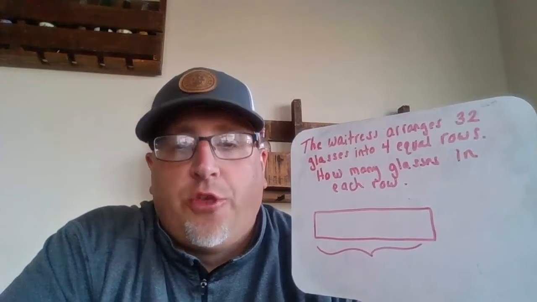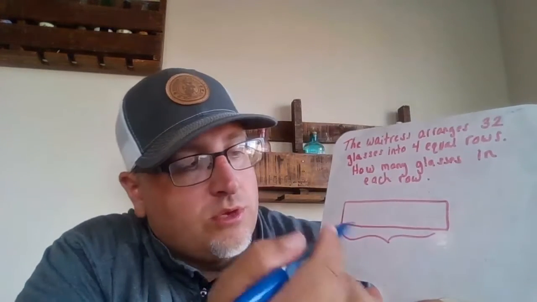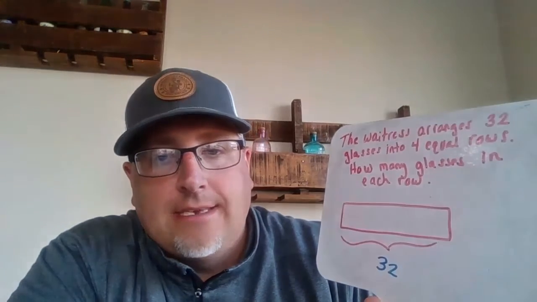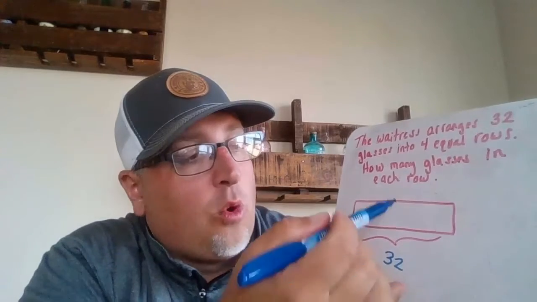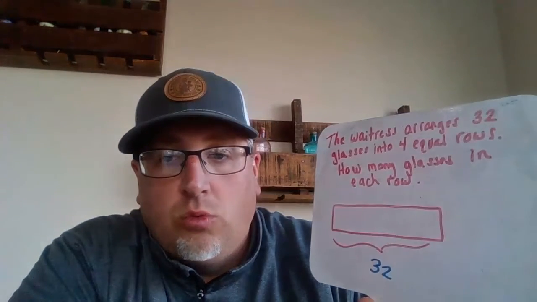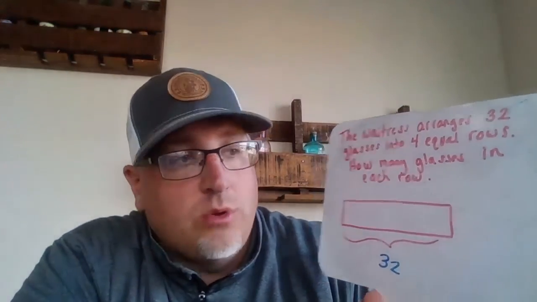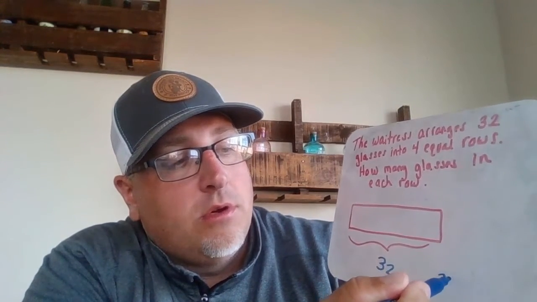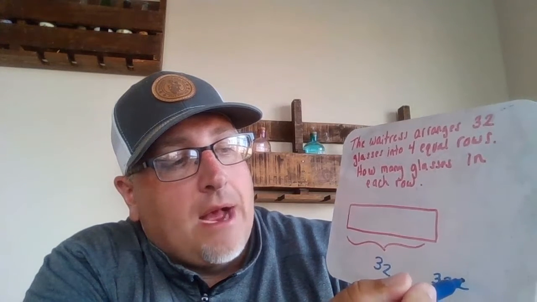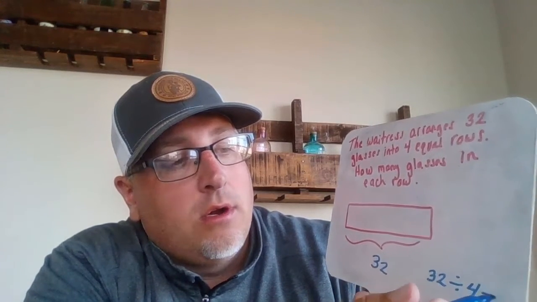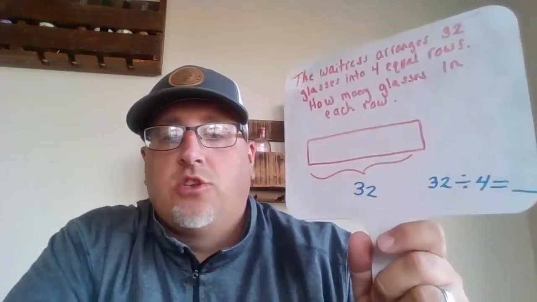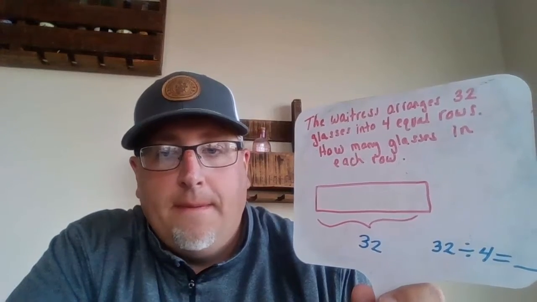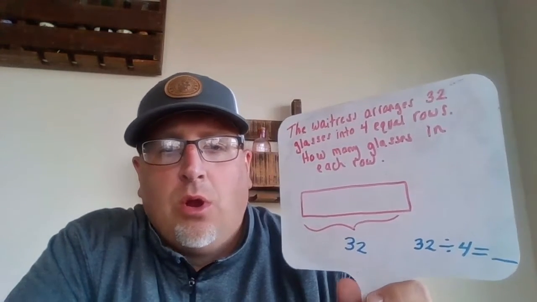They told us that there's 32 glasses in 4 equal rows. So we know we have 32 glasses, and we have to break them into 4 equal rows. So basically, that problem is going to be 32 divided by 4 equals blank. Okay? So we got to think about what's going to go.